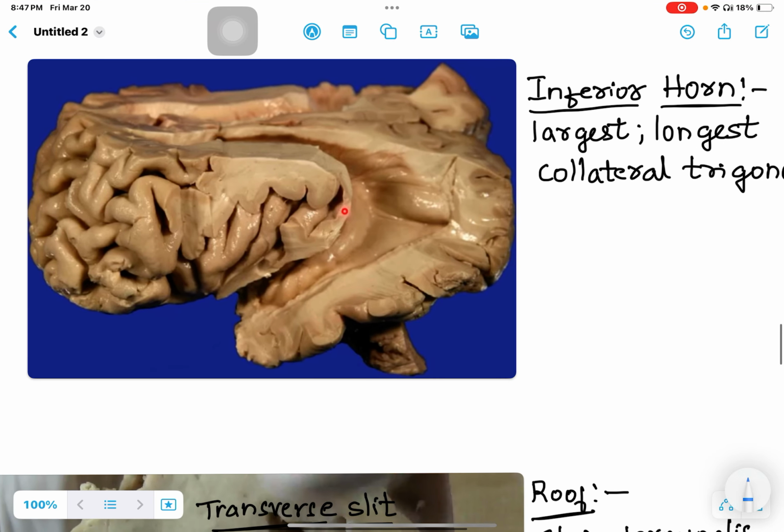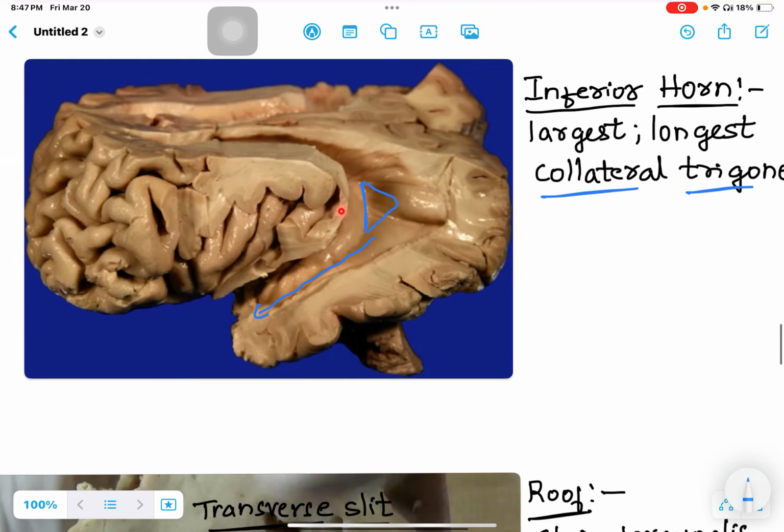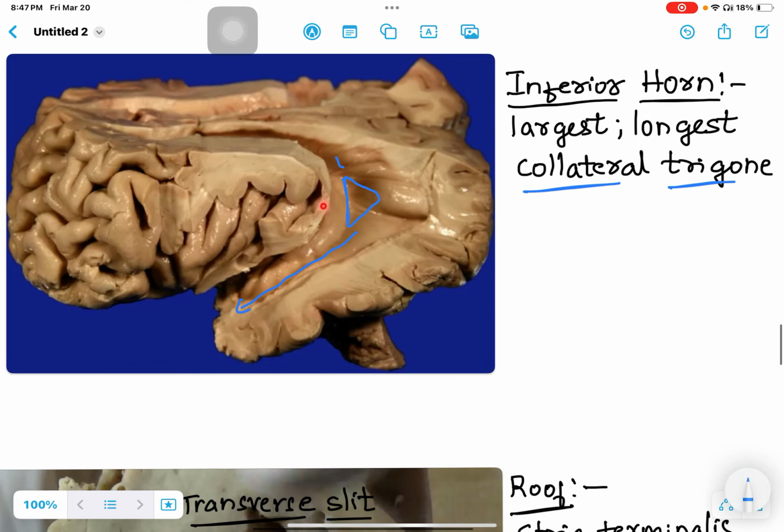Then coming to the largest and the longest horn, which is present in the temporal lobe, that is the inferior horn of the lateral ventricle. This inferior horn begins from a triangular area called the collateral trigone, where the central part, the posterior horn, and the inferior horn meet.